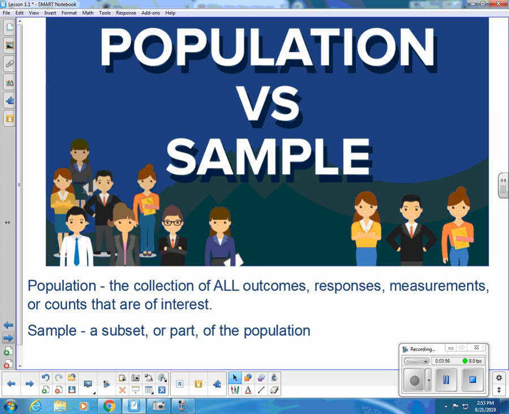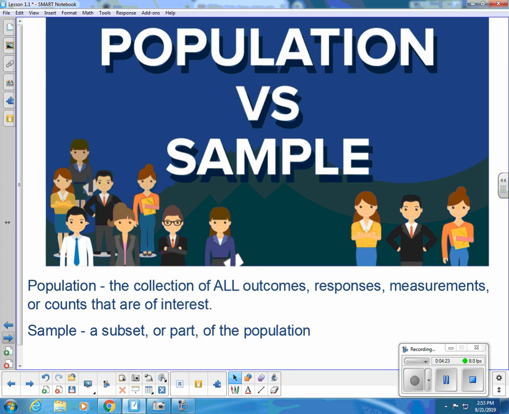The sample is a subset or part of the population. Most of the time, almost all of the time, we use a sample when we're dealing with our statistics and collecting data because it's near impossible to use the whole population. Okay? It's cost prohibitive, time prohibitive, and just doesn't make sense. So you want to pick a sample of the population to actually survey or test or measure.